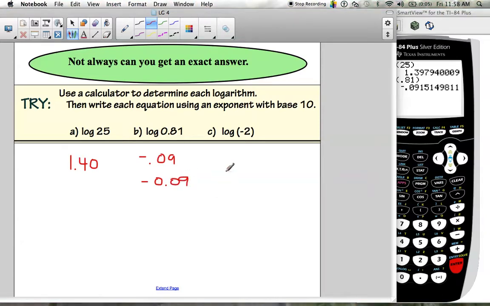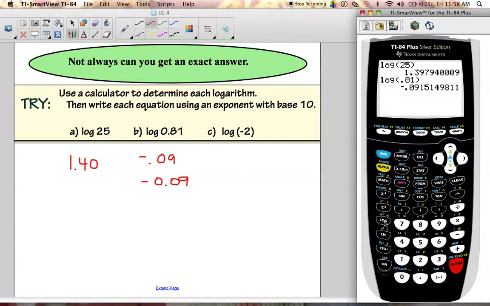All right, and you can see what C would be. Type it in. So watch what happens with C now. We're going to hit log, negative 2, close the bracket, enter. We got an error.